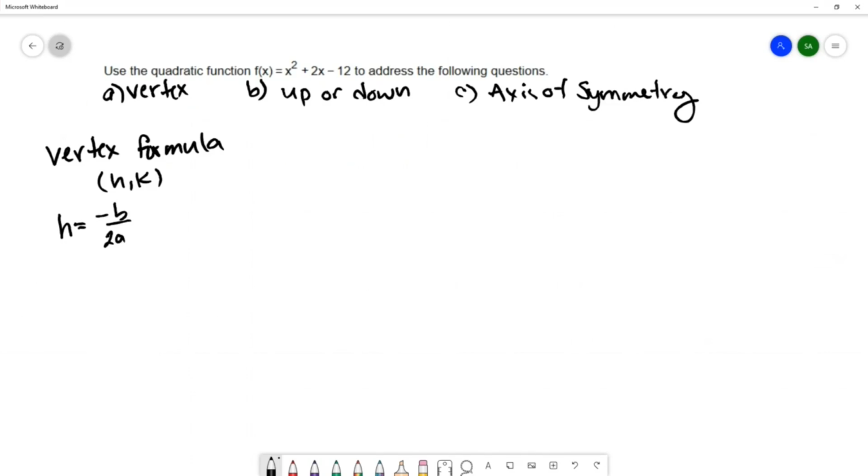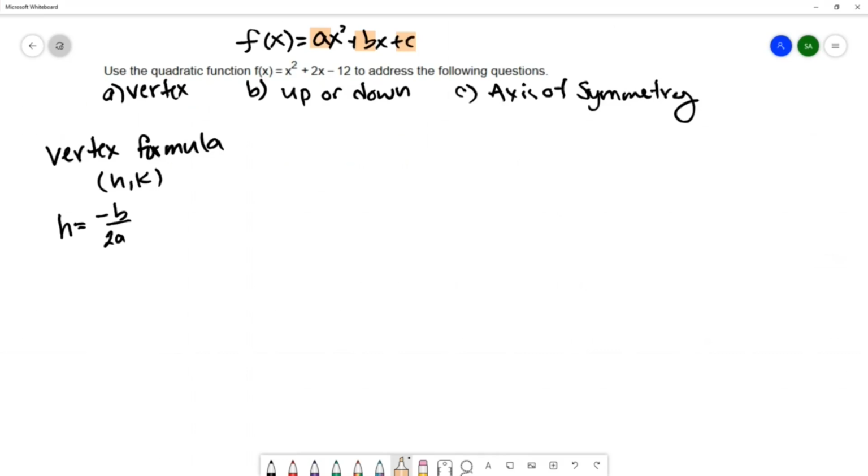The letters a and b refer to coefficients of the different terms in our quadratic. So when we have our quadratic, we say that it's written in ax squared plus bx plus c form. That's the general form. And a represents the coefficient on the squared term, b is the coefficient on the x term, and c is the constant.